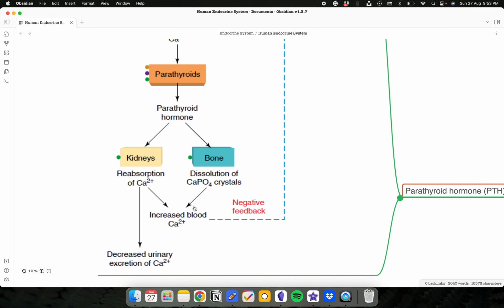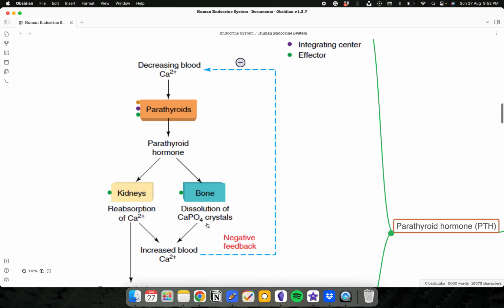So there is an increased blood calcium level, and whenever the blood calcium level is up, it will provide a negative feedback mechanism, because there is no need to activate the parathyroid.